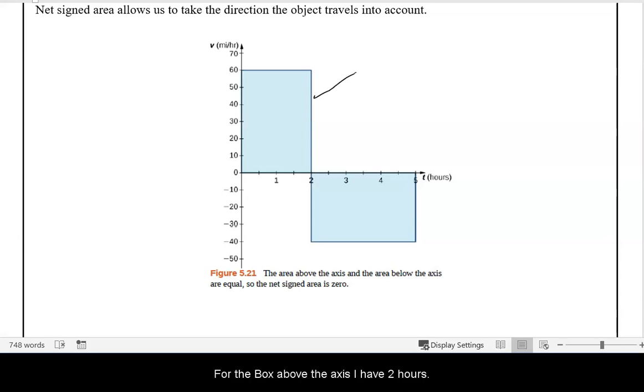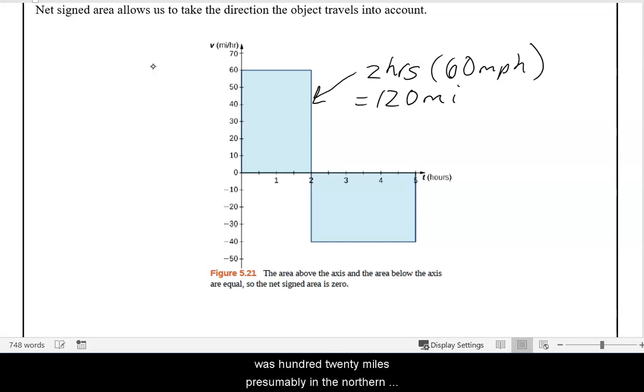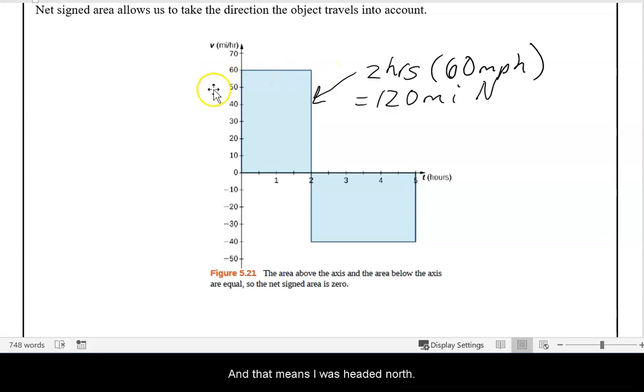For the box above the axis, I have 2 hours times the constant velocity represented at the top by the horizontal bar at 60 miles per hour. That means the displacement over that particular region was 120 miles, presumably in the northerly direction, because the velocity was a positive 60, and that means I was headed north.